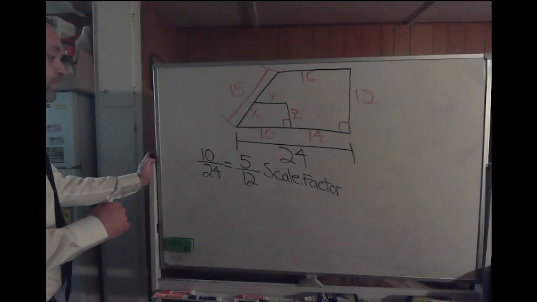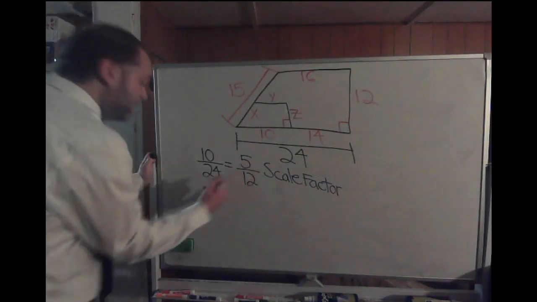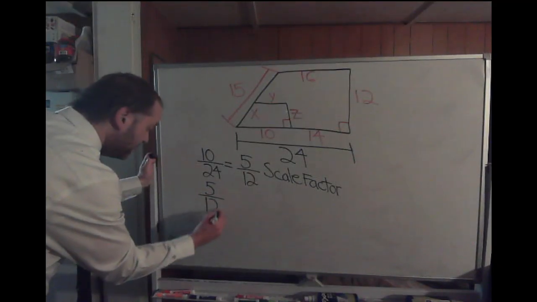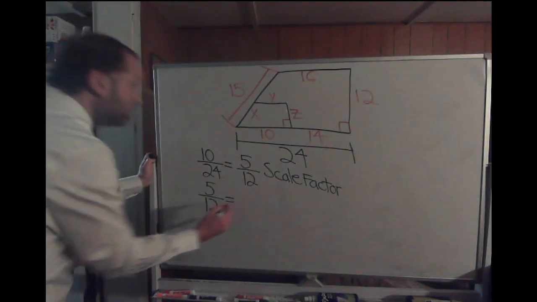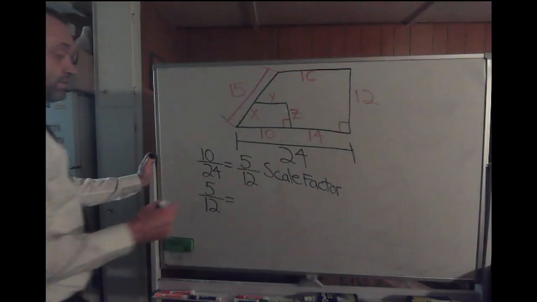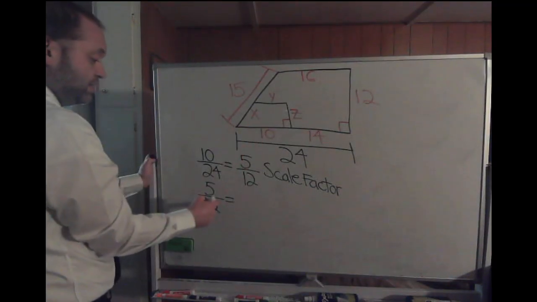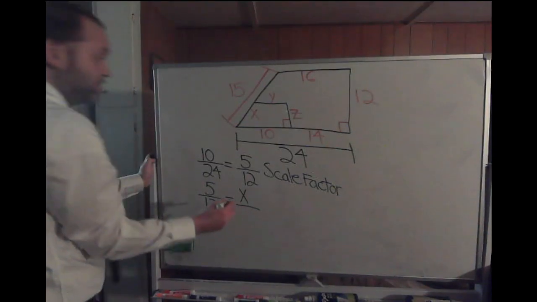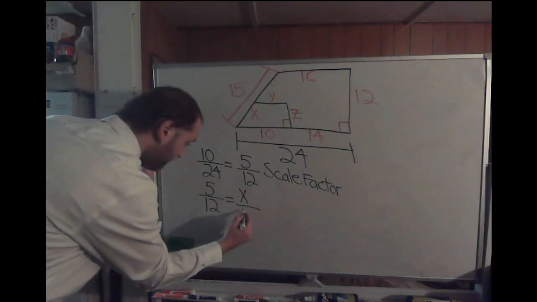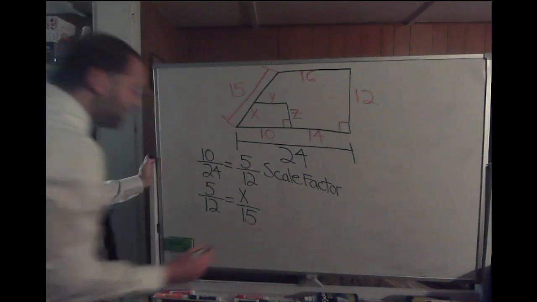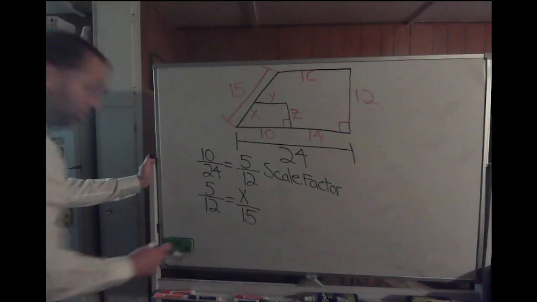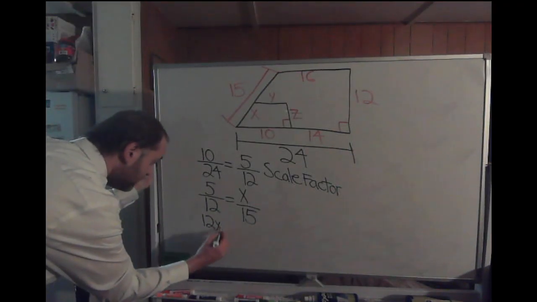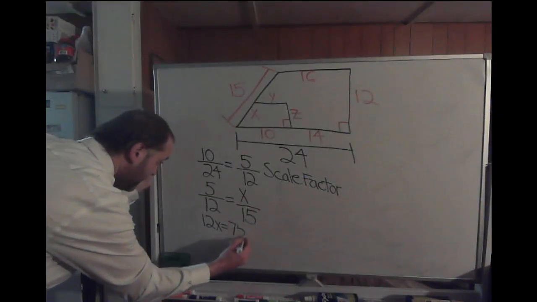Well, we have the ratio 5 to 12 for the smaller polygon to the entire thing, which means that you're going to set the x in the numerator of your second ratio to the 15 for the length of the whole thing on the left side, which is going to now give you that 12x is equal to 75.